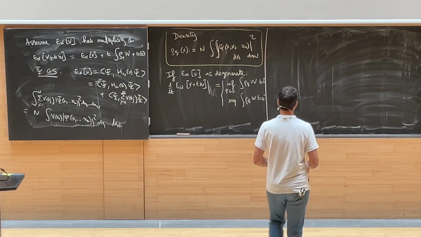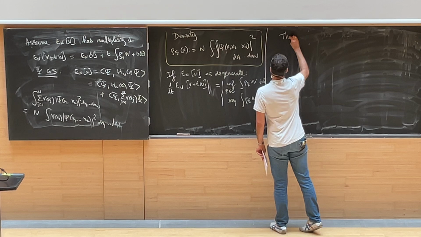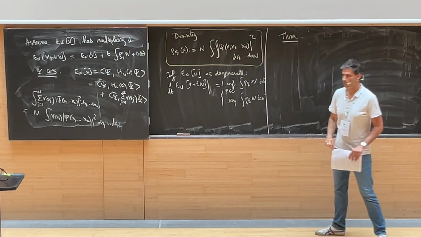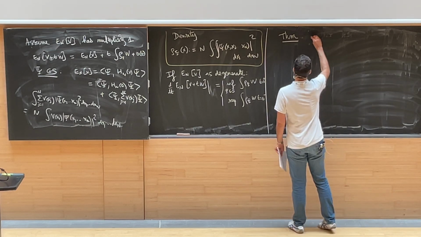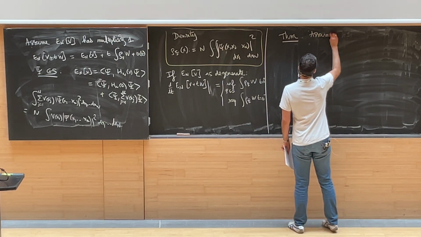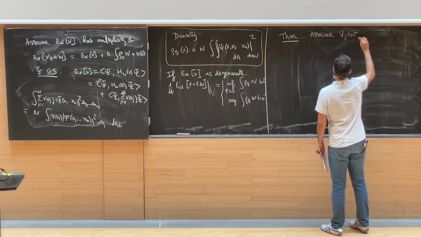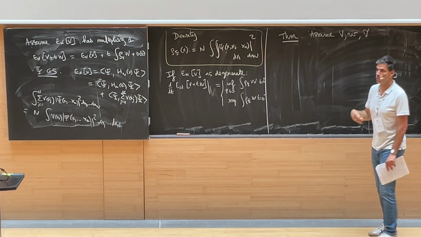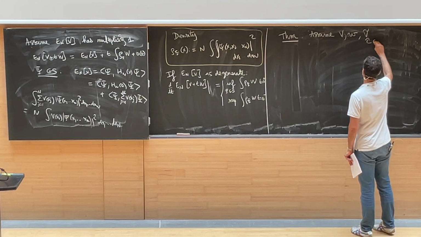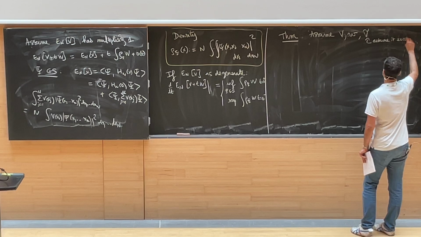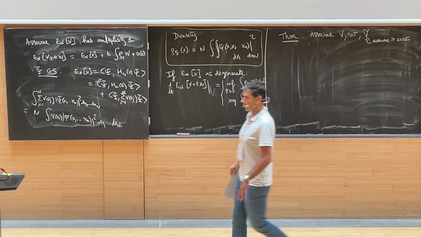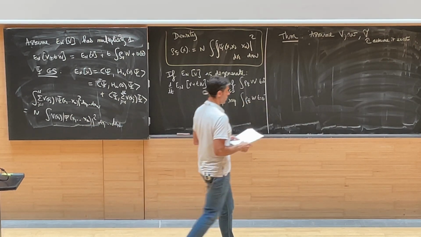So let me state a theorem to finish for today. It's a theorem that tells you that if everything is nice, then V theta, if it exists, is actually unique. So let me put as assumption: let me assume that T and W and V theta. So I'm assuming that V theta exists. And I'm not discussing, I will assume it's non-degenerate also for simplicity.